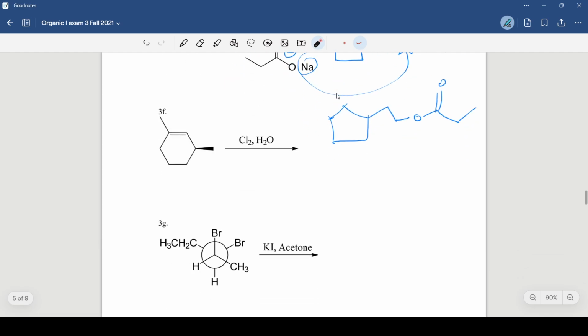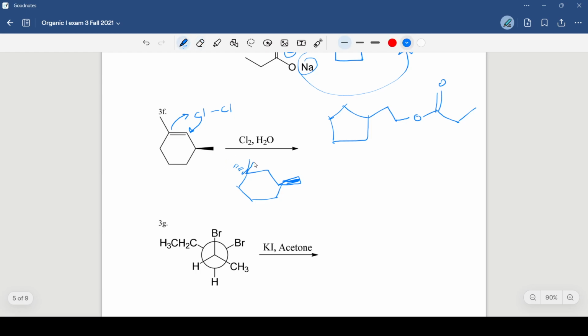Okay, and this one, we've seen a lot. Cl2, H2O. Remember for this reaction, the first step is always that you attack with the Cl, you're going to make that tent, the halonium ion, and get this.